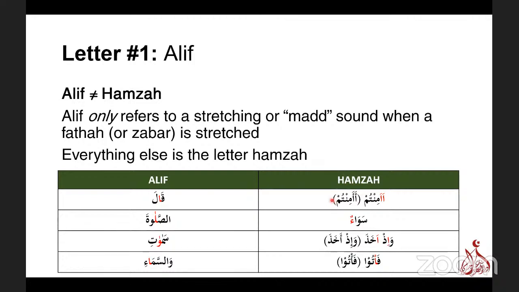They'll put a Hamza on top of it to let you know it's a Hamza. So in amintum, this is not an alif because it has a fatha and you're not stretching it. Next example is sawa'un, the Hamza at the ending. That's obviously a Hamza. Wa'idh akhadha. Here there's an E and a sound.